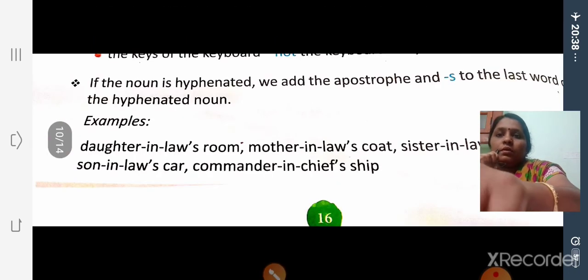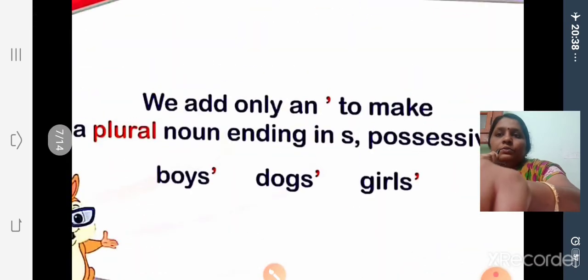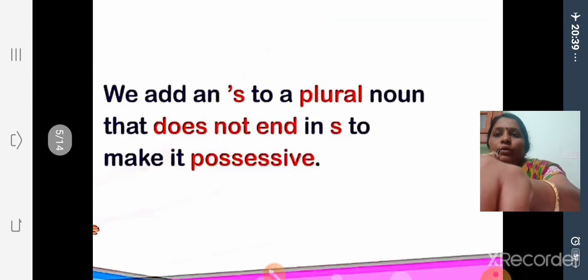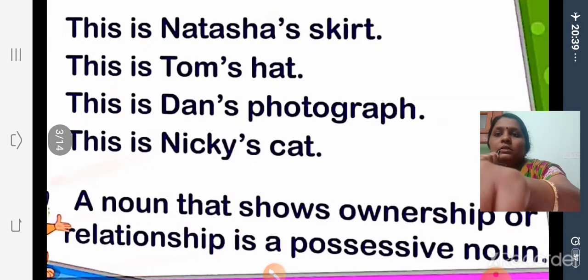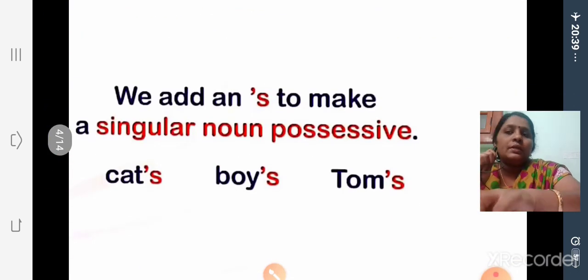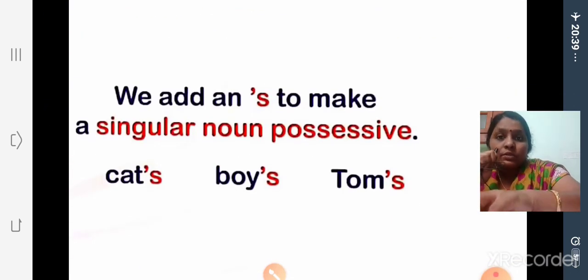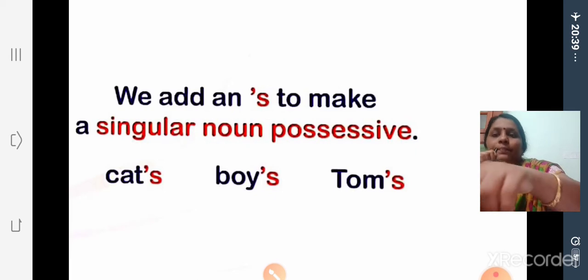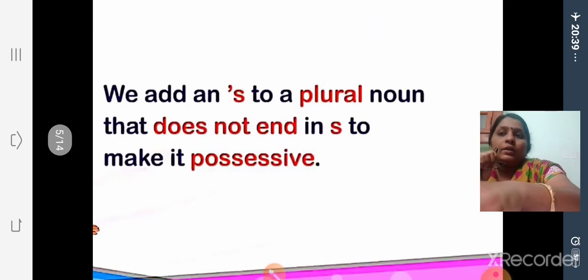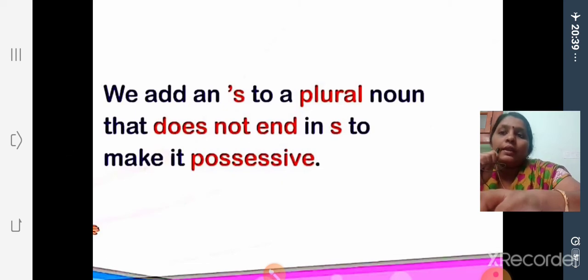So I will revise once again what the important rules for forming this are. The first one is we add apostrophe s to a singular noun to make it possessive. Then we add apostrophe s to a plural noun that does not end in s.